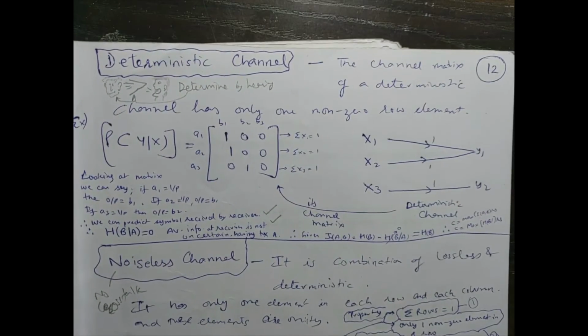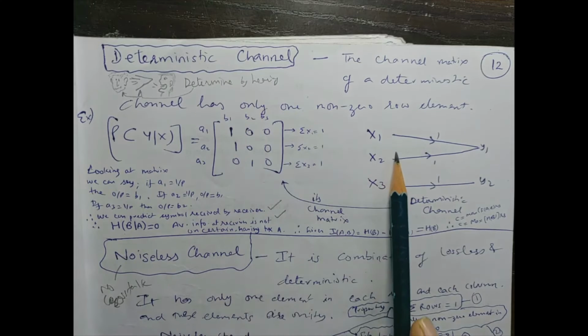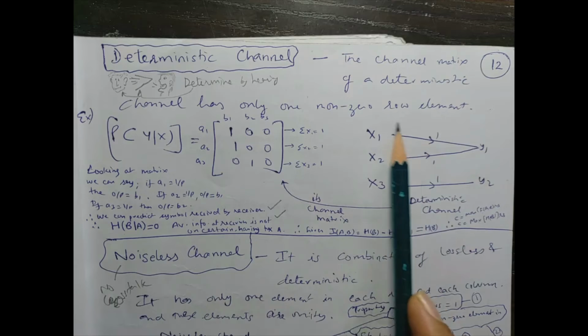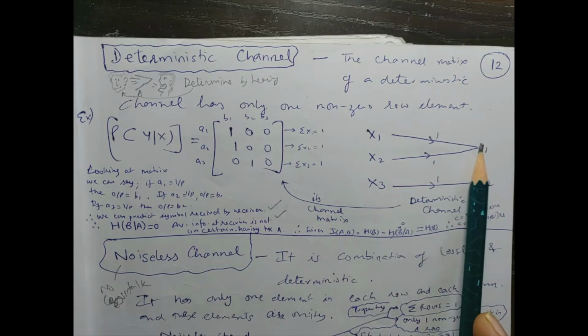Another type of channel is deterministic channel. So you have to determine, keep your ears open, indicative of that. So inputs can produce output.